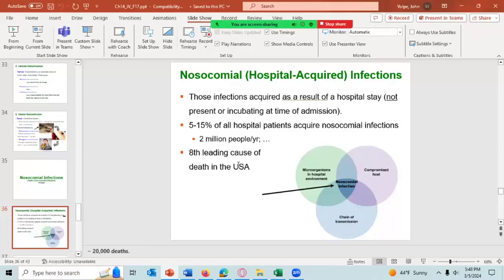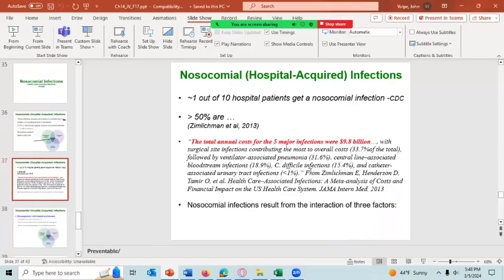It might be the 9th now because COVID-19 has become a cause of death. So it is a serious disease, nosocomial infections. About 1 out of 10 hospital patients gets a nosocomial infection. This is from the CDC. About 50% of nosocomial infections are preventable.